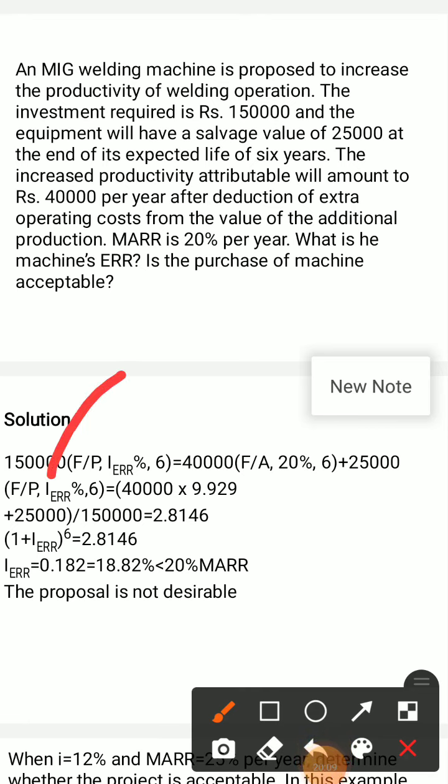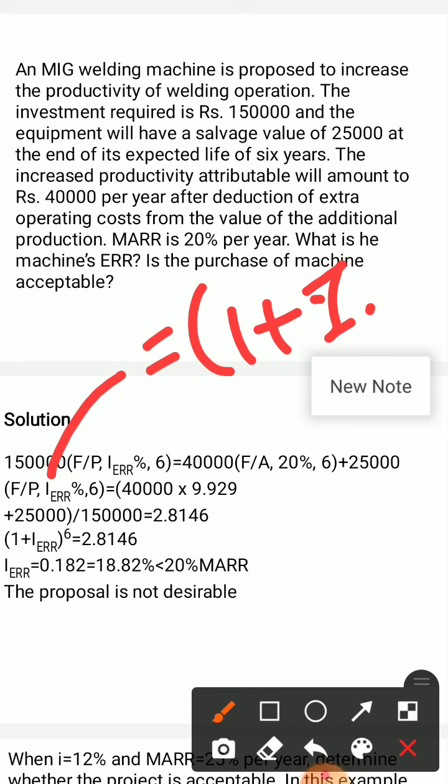Now this F by P factor is equal to 1 plus I suffix ERR raised to the period n, and 1 plus I suffix ERR raised to the factor 1.